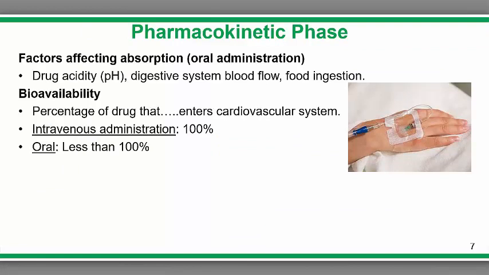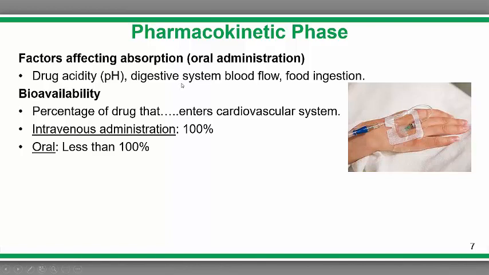Some of the factors that will affect absorption, and this is only specific to orally administered drugs, include the drug acidity. Depending upon the pH of the drug, that will determine how well it absorbs into the cardiovascular system.